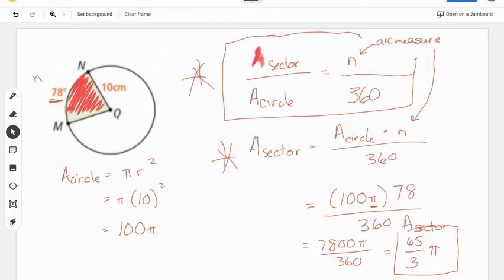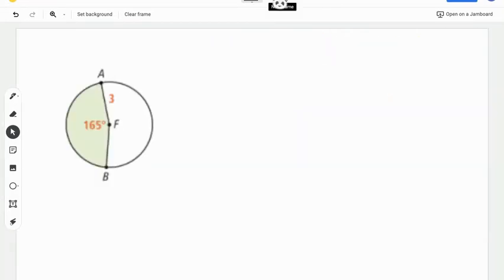Let's look at a couple more examples. I want to do one more with you, and then I'm going to have you try one on your own. Now remember, we're looking at the area of the sector in relation to the area of the circle in comparison to the arc measure in relation to 360.